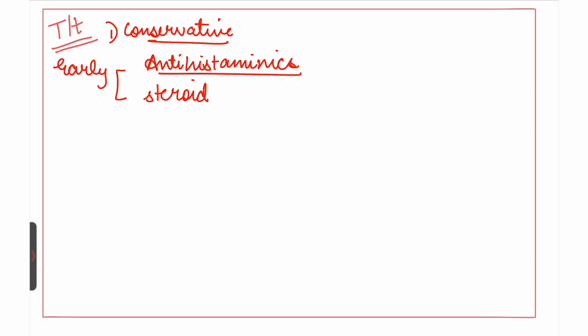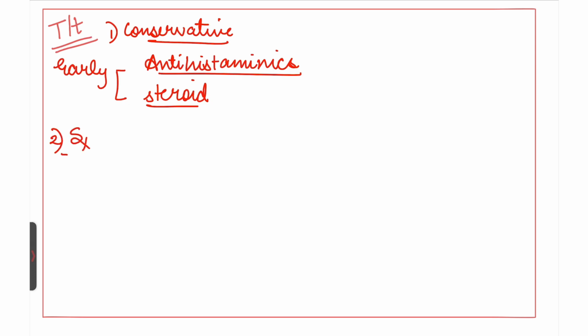Steroid is useful in patients who cannot tolerate antihistaminics and also in patients who have asthma. Steroids can also be given after surgery to prevent recurrence. We have to also keep in mind the contraindications of steroids. We are not going to give steroids to people with hypertension, peptic ulcers, diabetes, pregnancy, and TB. So we have to exclude these diseases before giving steroid to the patient.